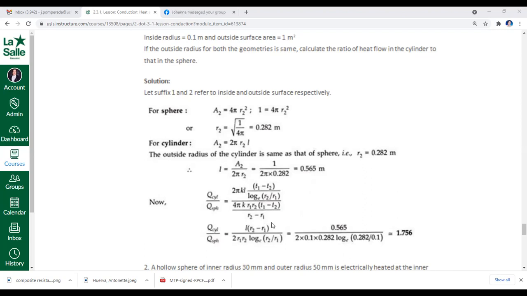In this case, the value we are trying to find, the ratio of heat transfer in the cylinder and in the sphere, is 1.756.